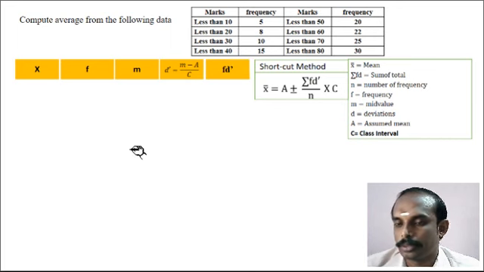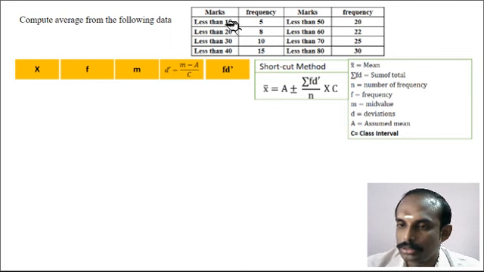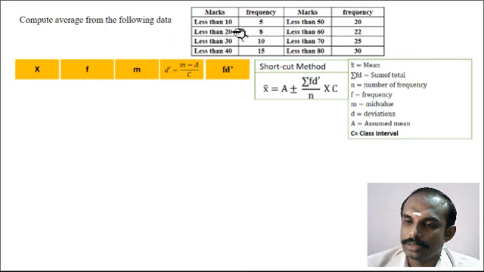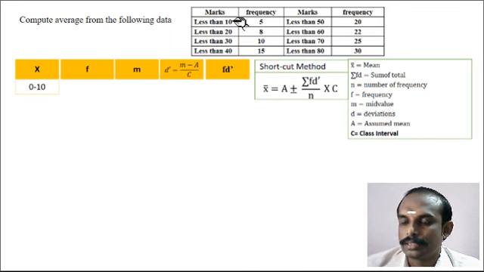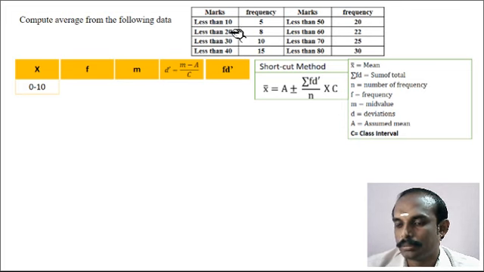To fill up the first column for the x series: less than 10, less than 20 and less than 30. The marks rise by 10. So less than 10 means 0 to 10, the first class interval. The 10 is the upper limit of the previous class, and for the next class interval 10 is the lower limit and the upper limit is 20.